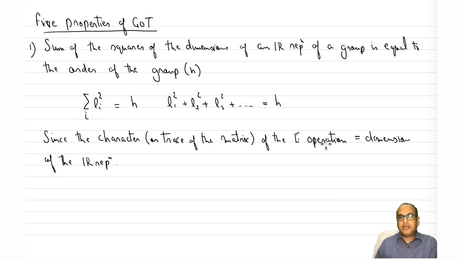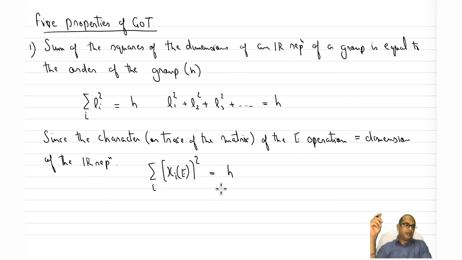Now we know that the character or trace of the matrix for E operation is equal to the dimension of the IR representation. So we can always say the character of E square, summation over all i, is equal to h, right? So this will be summation over all i. So this is our first property.